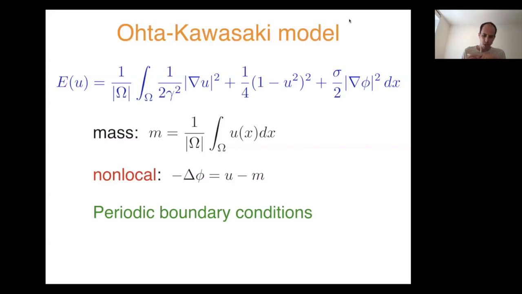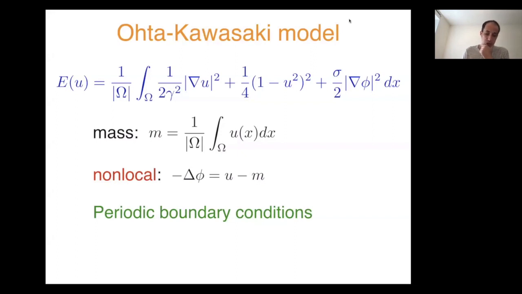We take an integral over the material to get the total free energy. Omega you can think of as some piece of R3, or some piece of R2 if you want a 2-dimensional model. We divide by the size of the domain, so that we're really talking about the energy density, so that we can also compare different domains.